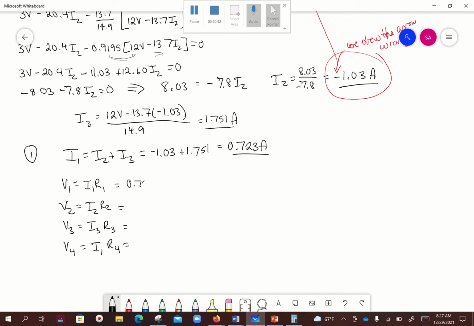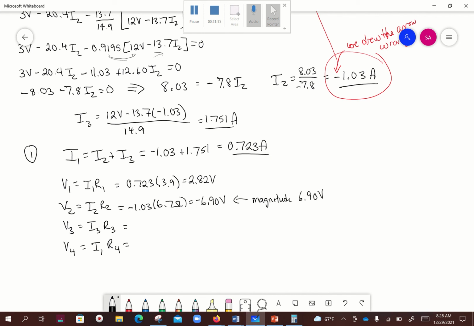So we're just going to put in our numbers for the current. 0.723 times R1, which was 3.9, I get a voltage of 2.82 volts. My current 2, minus 1.03, times 6.7 ohms, so I've got negative 6.9 volts across that one. And again, if you're asked for the magnitude of the voltage drop, it's 6.9 volts.